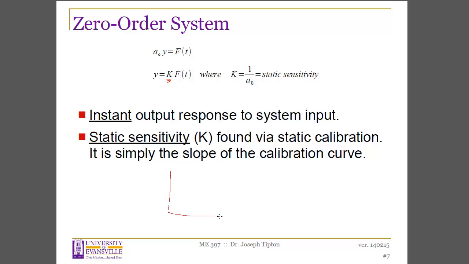In other words, if I have my input and then I have my output, y, I would take lots of different data points and fit a trend line to that. And then the slope of that trend line would be my static sensitivity.